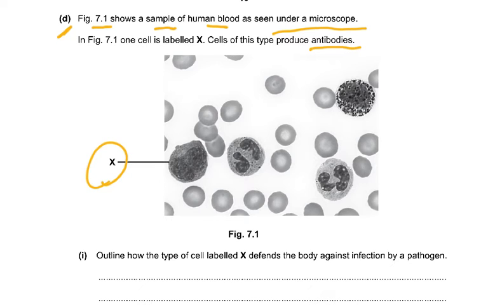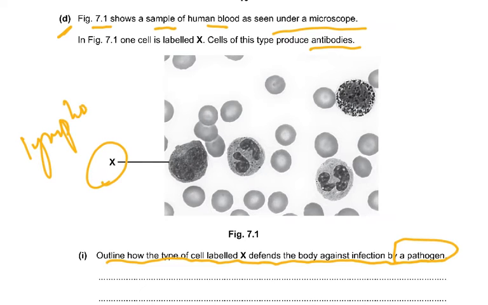Outline how this type of cell labeled X defends the body against infection by a pathogen. Pathogens are disease-causing microorganisms. So how does a lymphocyte, now you've got to understand, number one, this is a lymphocyte. So you got a mark for that if you said lymphocyte, because they haven't named the cell and they said it produces antibodies. So lymphocytes, this is active immunity.